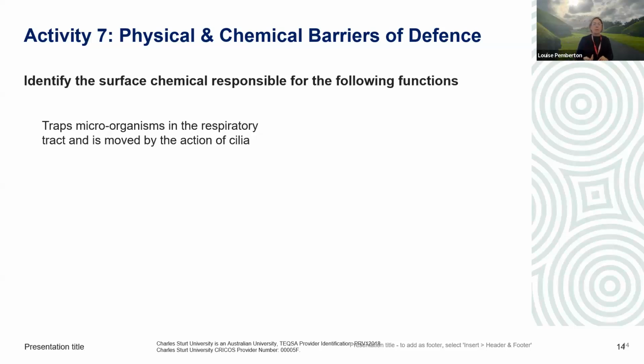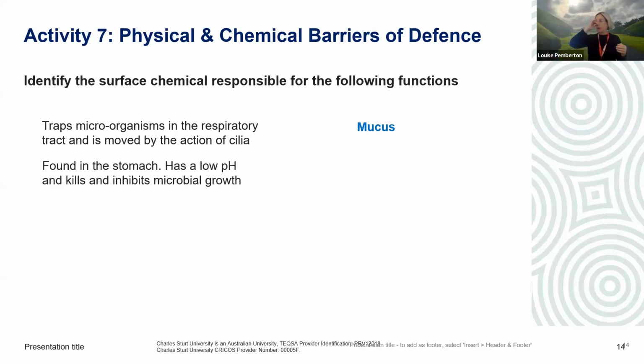Not the villi. So the cilia are those little extensions that brush this stuff in an upwards direction in the respiratory tract. And it's trapping this stuff. You might have a bit, pardon? Mucus, yeah, with your cough, you might have some mucus. I've got a cough and I've got mucus. Okay.